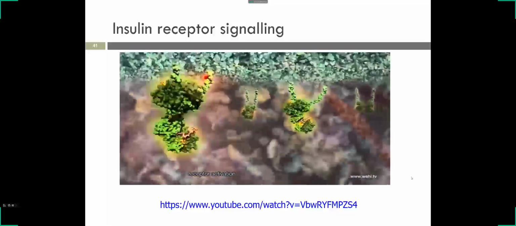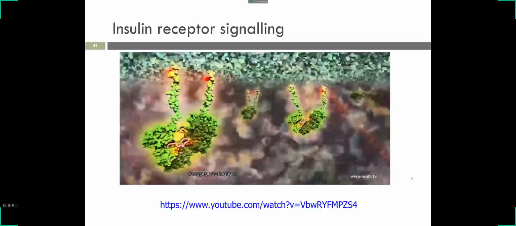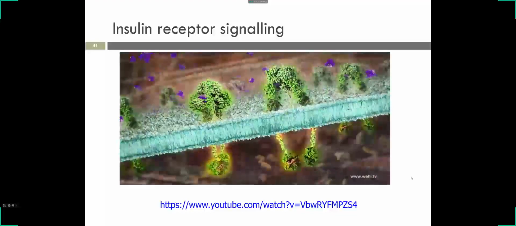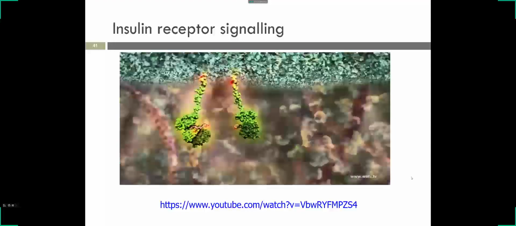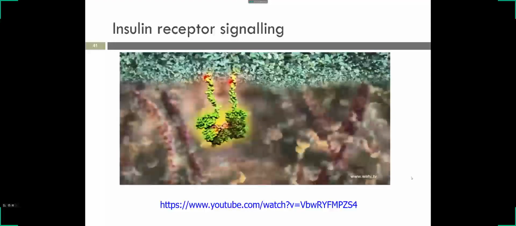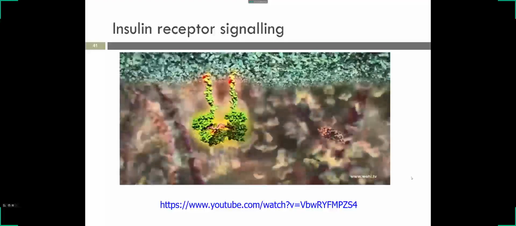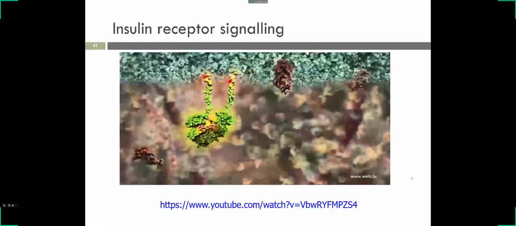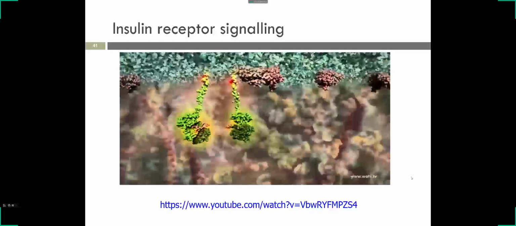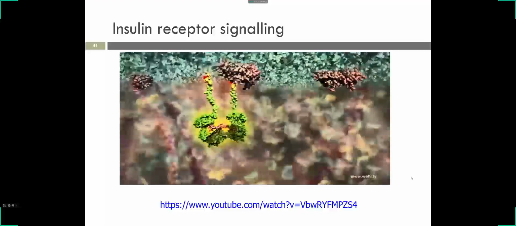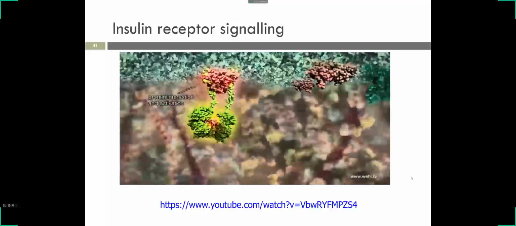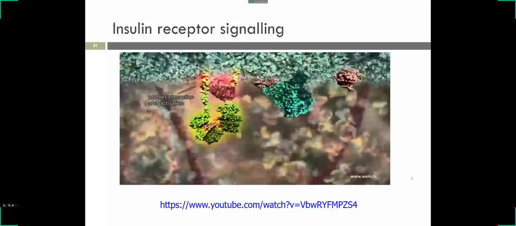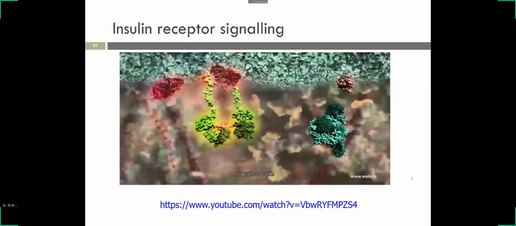What I want you to see, you see this dimerization down below, and now that they're activated, they cross-phosphorylate, right? Can you see that? That's the intracellular domains. And now it's recruiting other kinases, right? These other red proteins are the proteins that will then drive the interaction and drive the signaling.